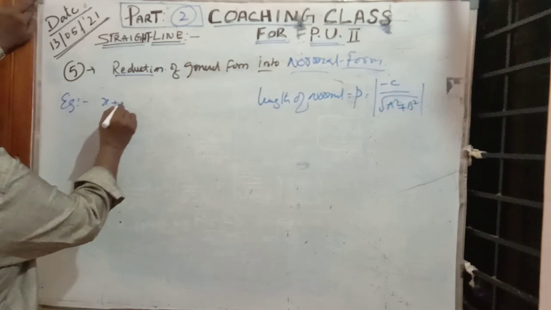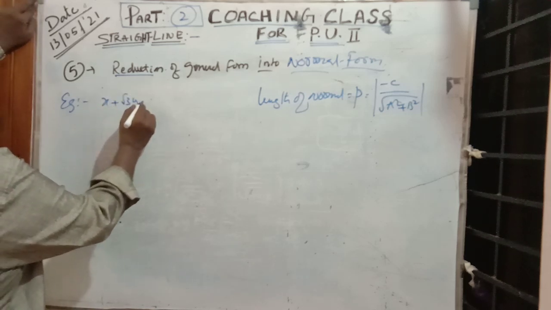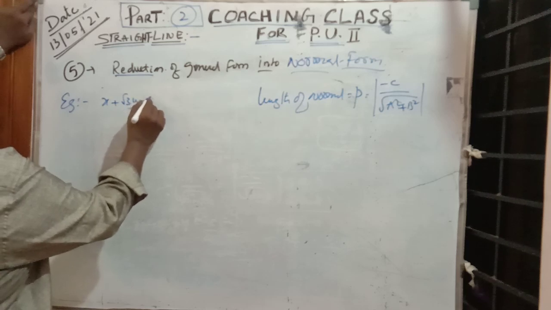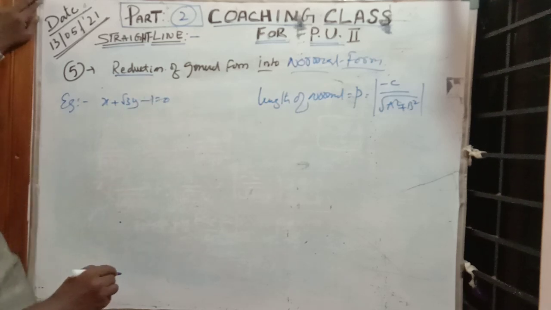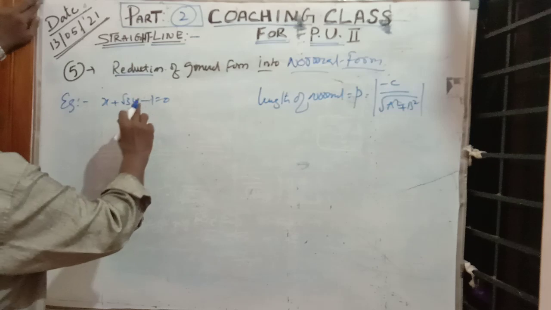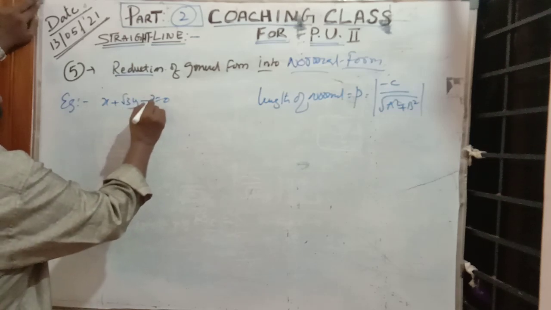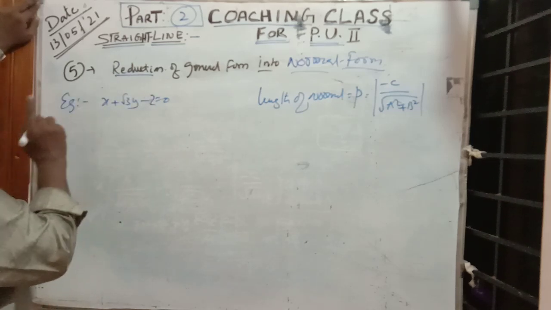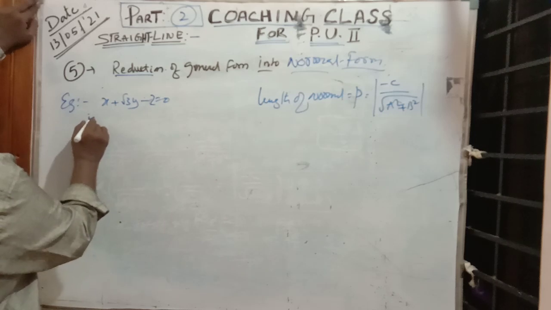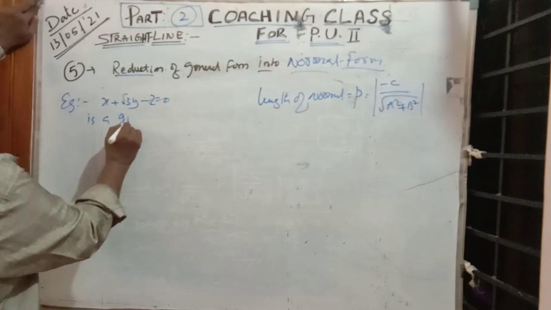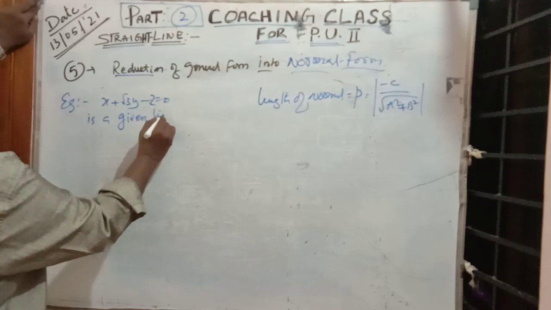The line is x plus root 3 y minus 2 is equal to 0. It is a given line.